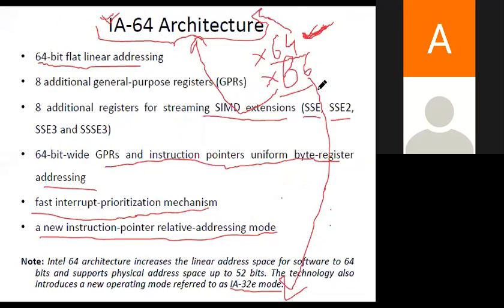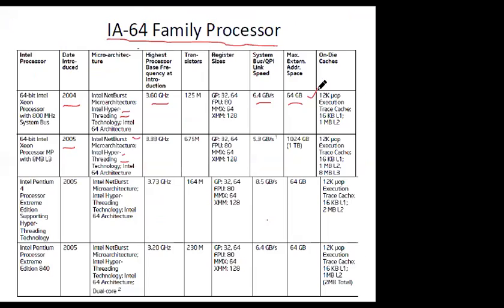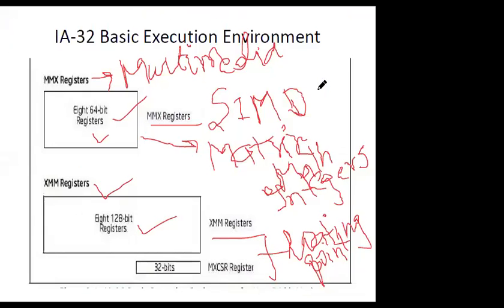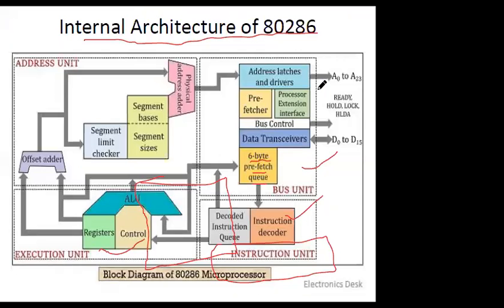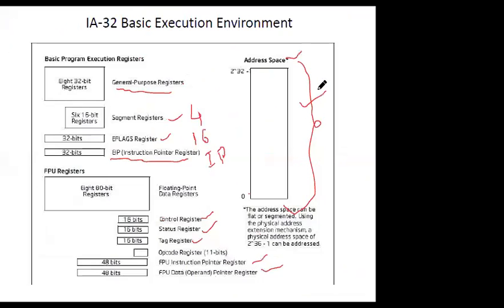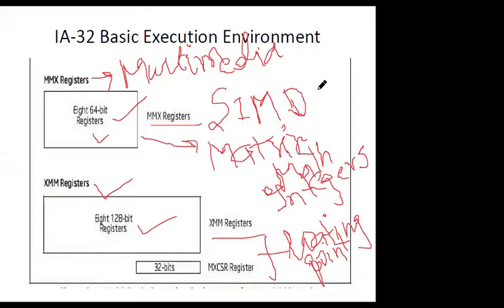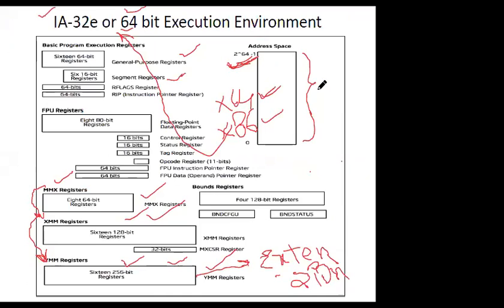So IA32 and IA64 are both just an introduction to learn the basic architecture of IA32, and it can be extended up to IA64. As you can see by comparing these two, the IA32 basic execution environment and IA32E is the extended mode, which is the 64-bit execution environment.